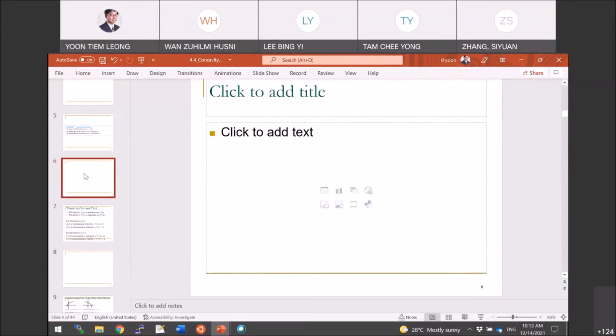A function could be going up or going down, right? This is what I call a trend. Whether the function is increasing or decreasing depends on the sign of the derivative of the function.